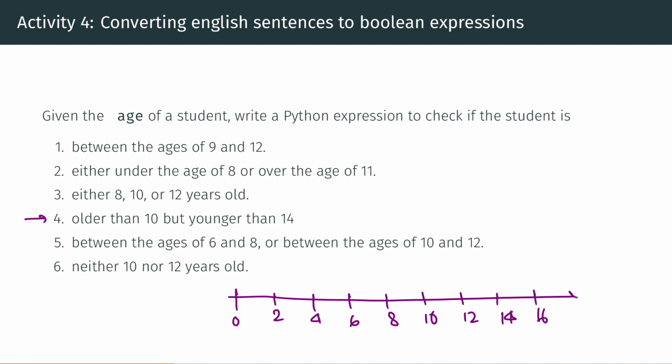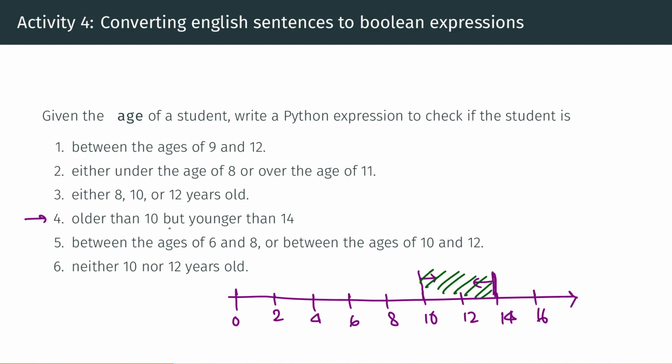That's our number line. What we want is older than 10 but younger than 14, so we want something in this range right here.